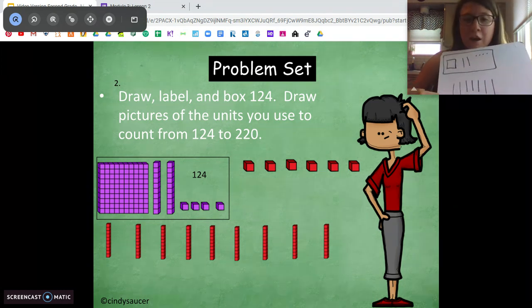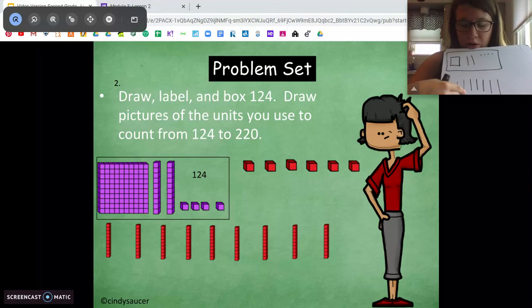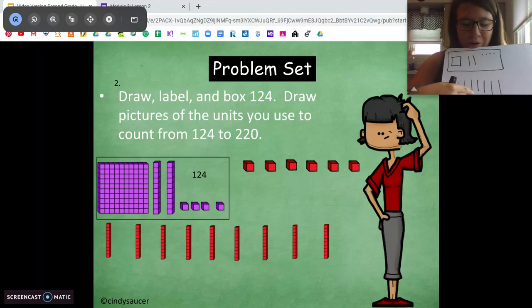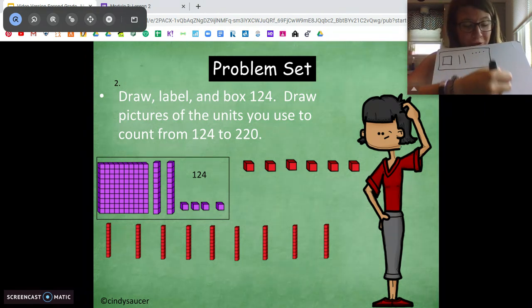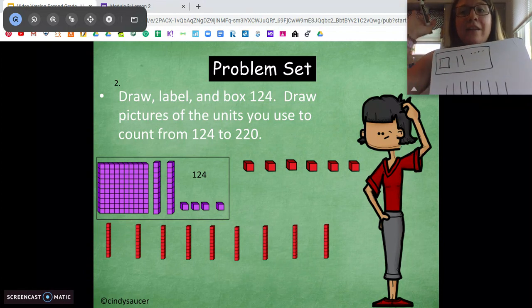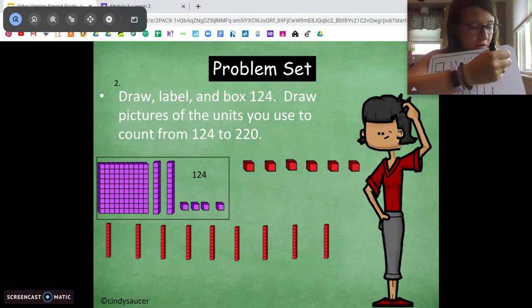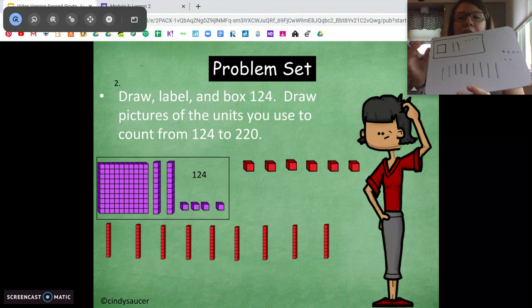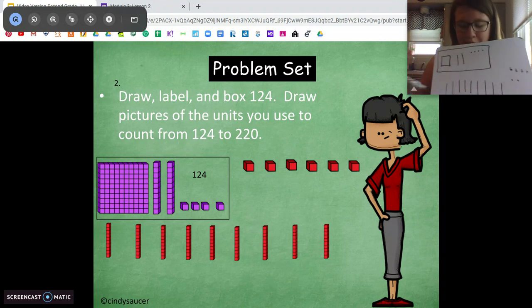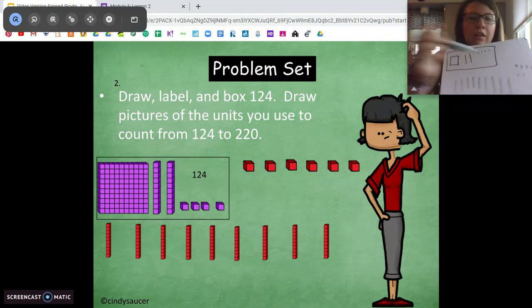I'm sorry. 124, 134, 144, 154, 164, 174, 184, 194, 204. That's where I messed up. 214. Now we pause and we go 215, 216, 217, 218, 219, 220. So I have all my tens added on and all of my ones added on.